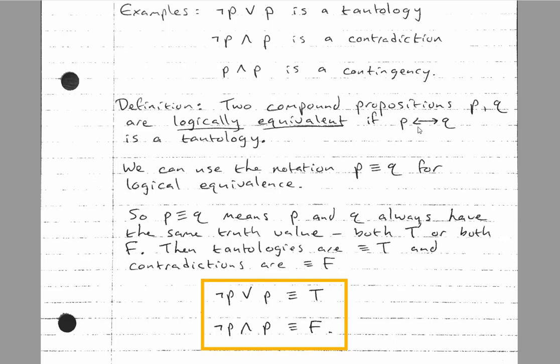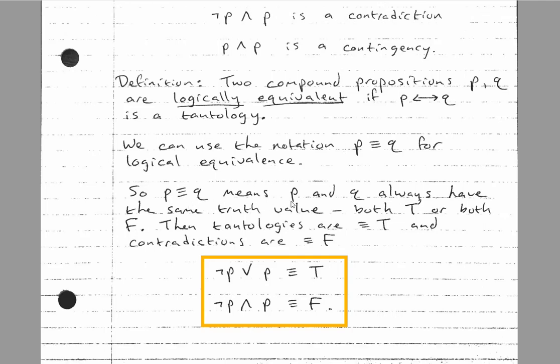This is the idea of logical equivalence, and we have this notation: P is logically equivalent to Q. It just means that P and Q always have the same truth value.